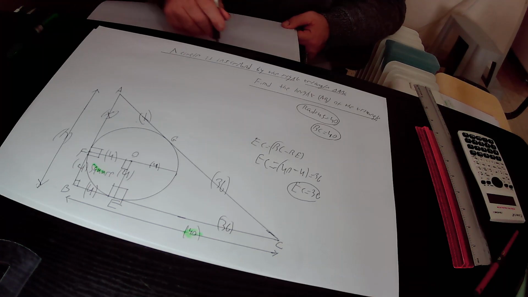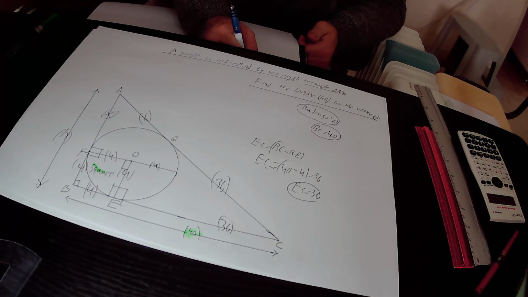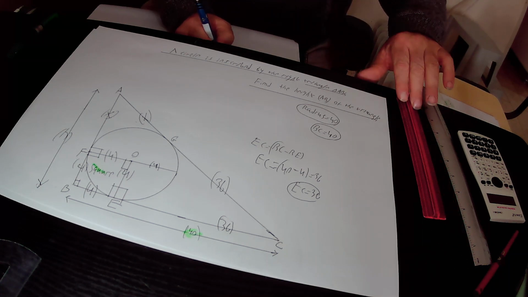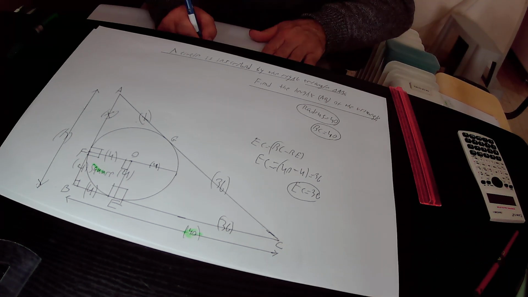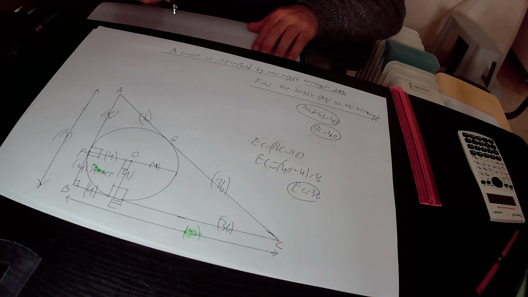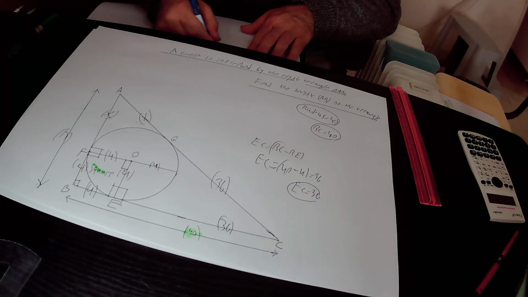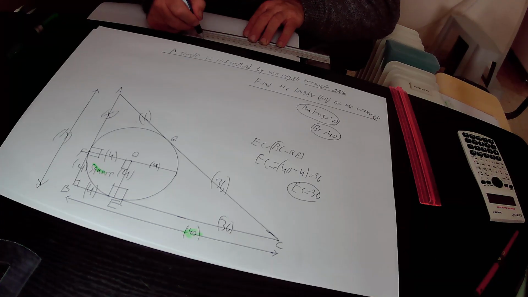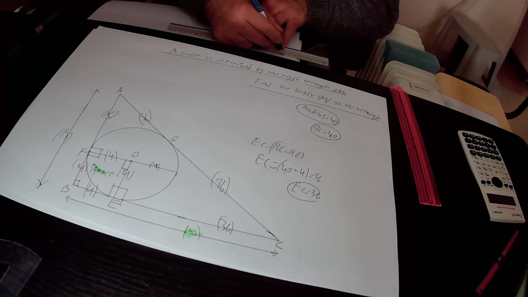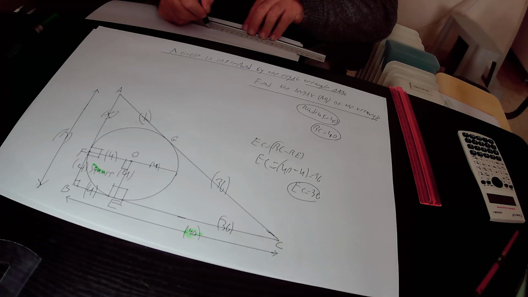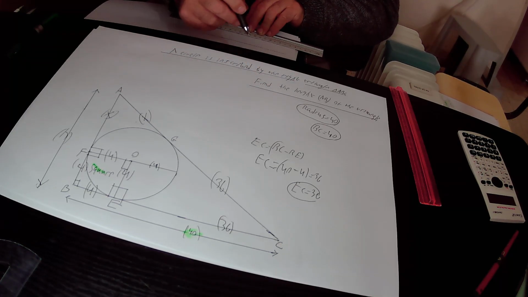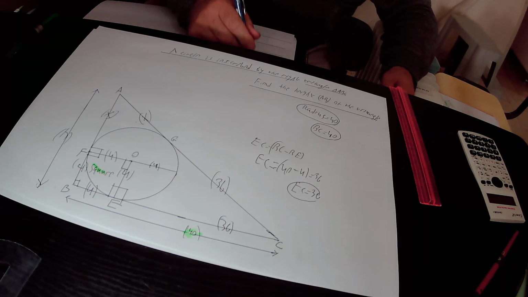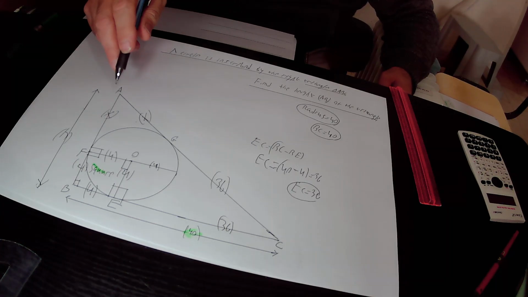So in this big right triangle ABC, the following equation is true: AC squared, that is the square of the hypotenuse, equals AB squared plus BC squared.